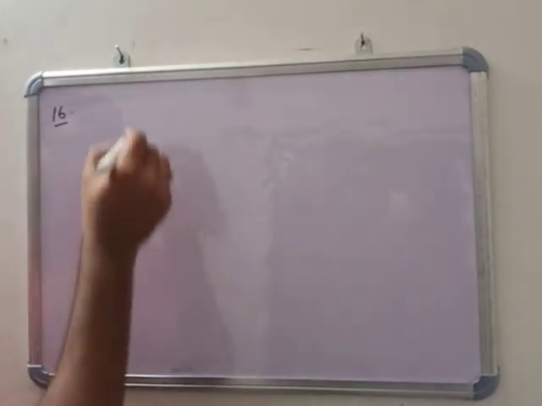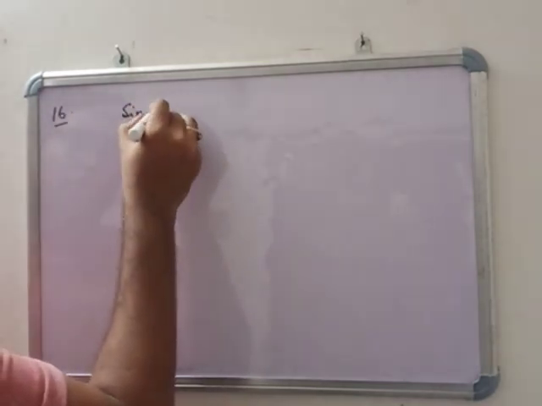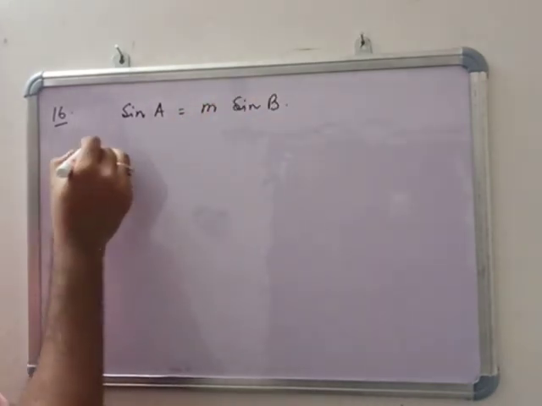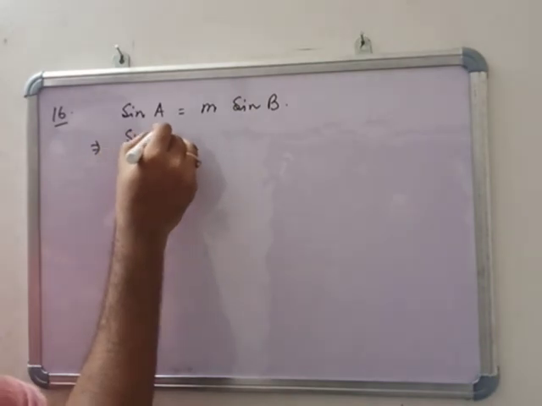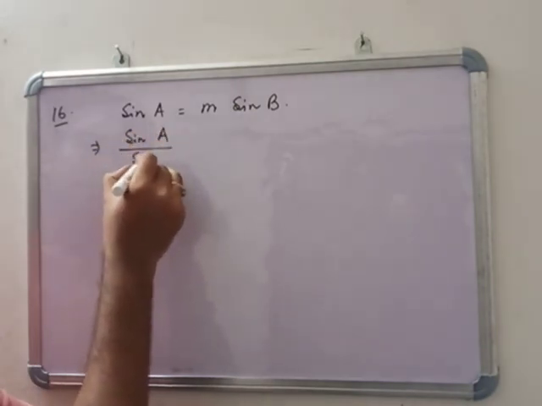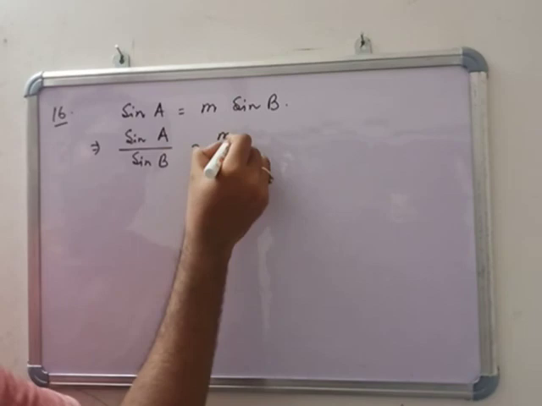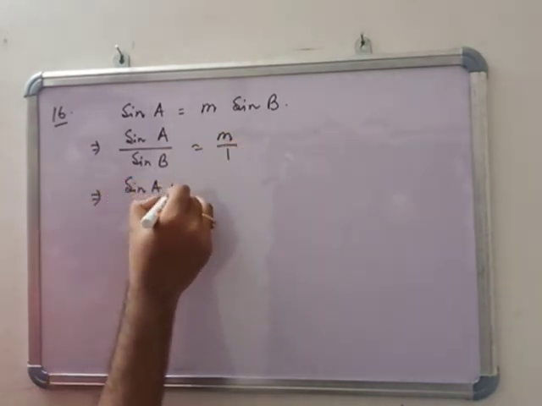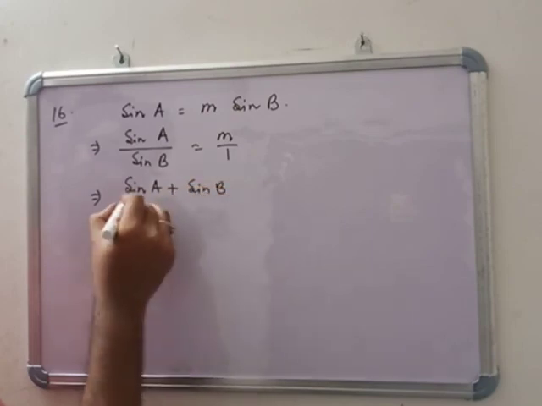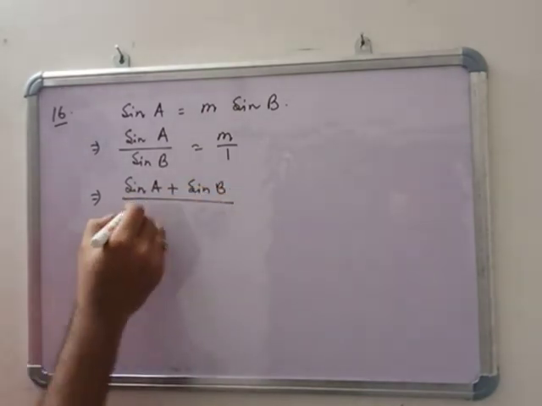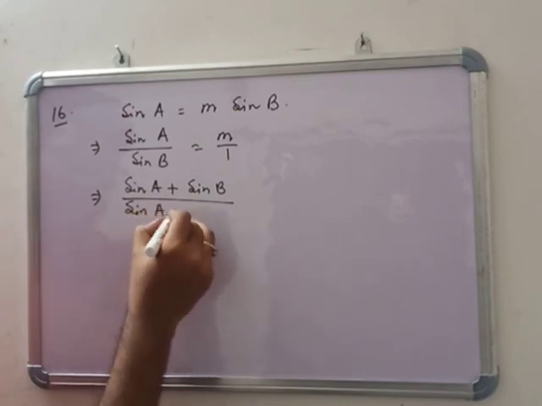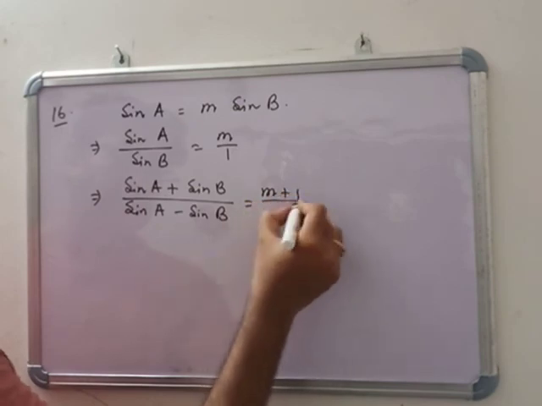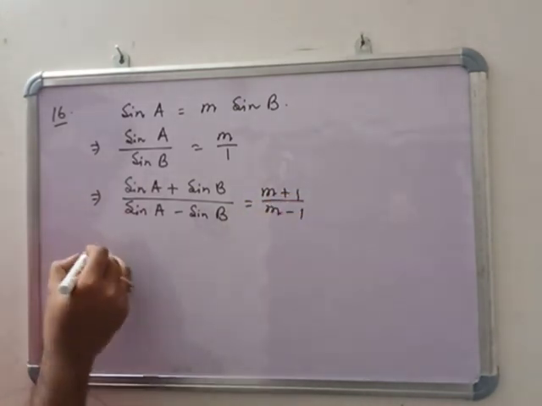In number 16, see that sine of A equals to m into sine of B. This is given. So that means sine of A by sine of B equals to m by 1. So sine of A plus sine of B by sine of A minus sine of B equals to m plus 1 by m minus 1.